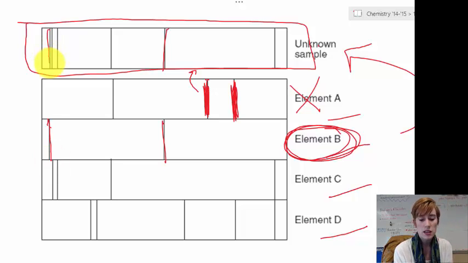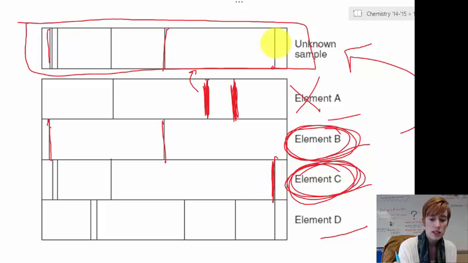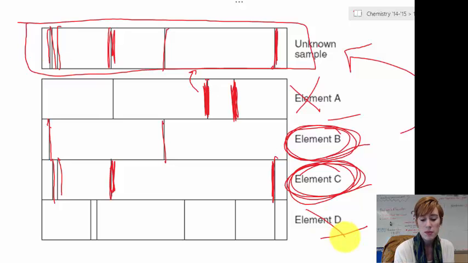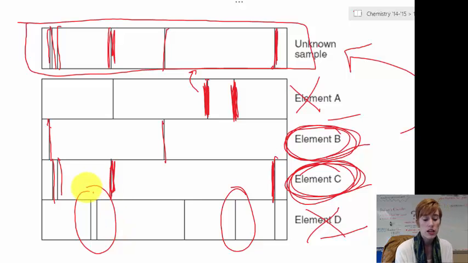Let's look at element C. Element C could also be in the unknown sample because this line is in the unknown sample, this line is in the unknown sample, and then the two middle lines right here are also in the unknown sample. We know it can't be element D because element D has several lines right here that are not present in the unknown sample. So that means my unknown sample must be a mixture of B and C.